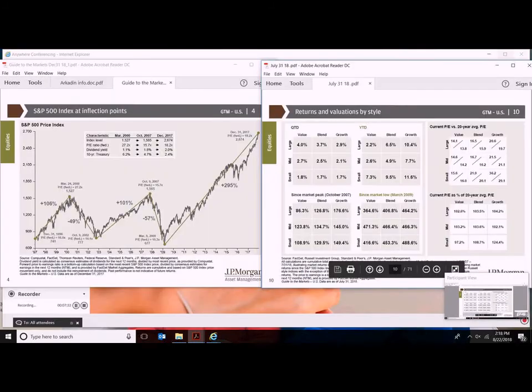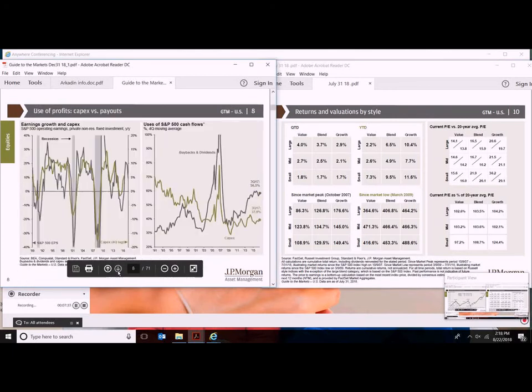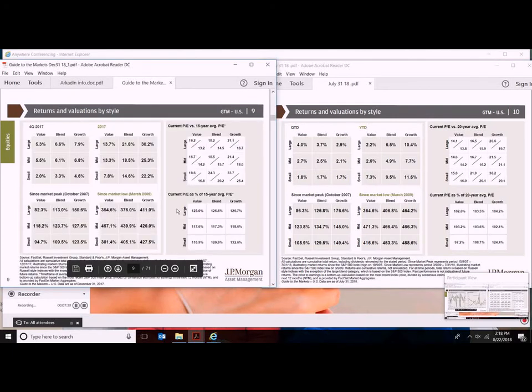Okay. So the next thing we can do is jump forward to different, I'll call them, categories of stocks. So again, I'm going to flip between my slides from December 31st, 2017 on the left, and over here, live data, July 31st, 2018 on the right.